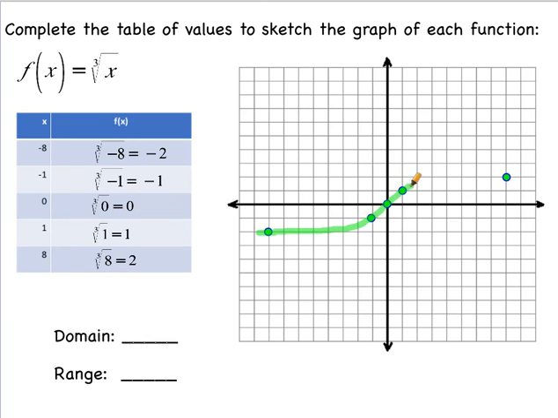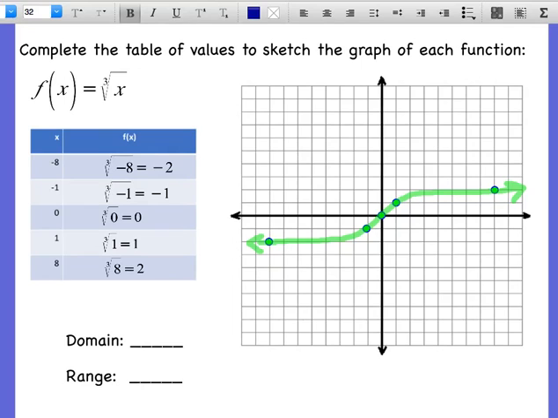I am connecting. Notice that it looks like a stretched S, and I need to put arrows on both ends because I do not have a restriction. Okay, so let's look at the domain. Are there any values of x that I cannot put inside of this radical sign? There aren't any. So that means that I can have all real numbers.